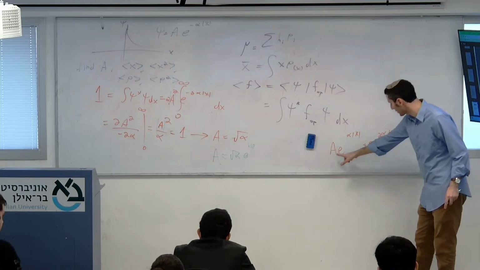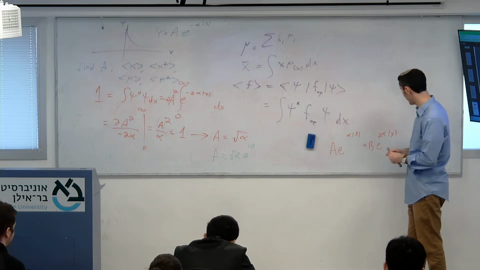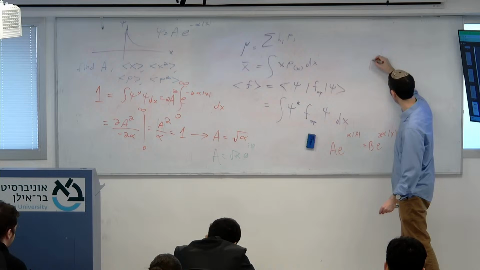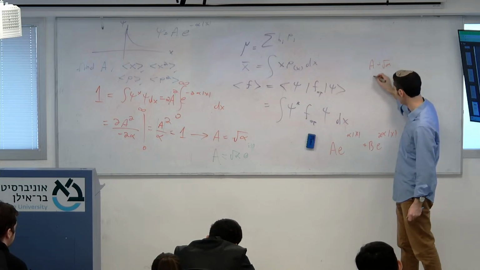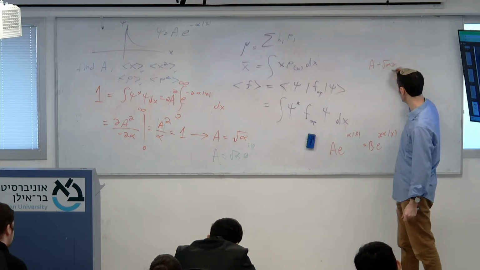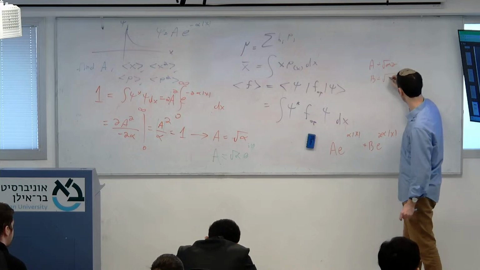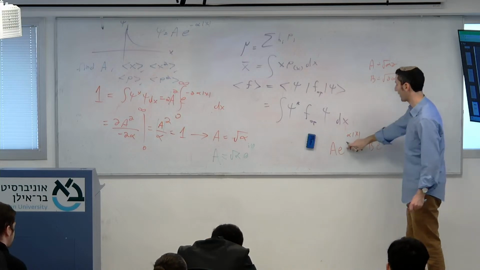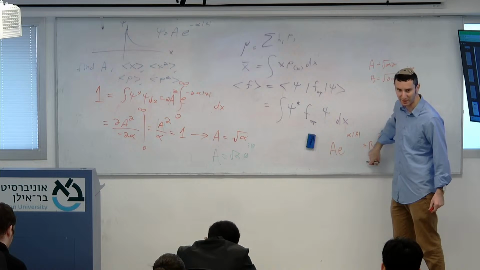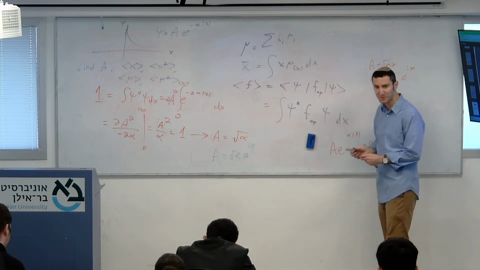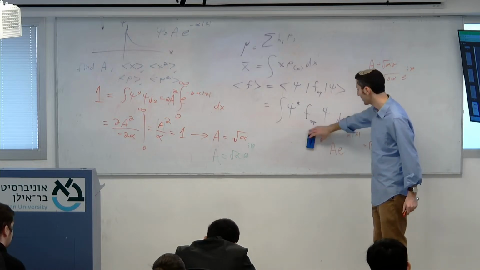So the phase between A and B would be important. I would mark A is equal to square root of alpha, and B would be square root of 2 alpha times e to the i phi, when I have a phase between two different states. When I have just one, the phase is not interesting, it's called a global phase.